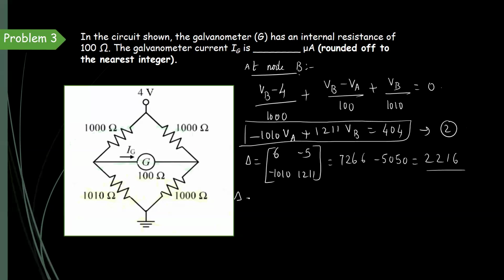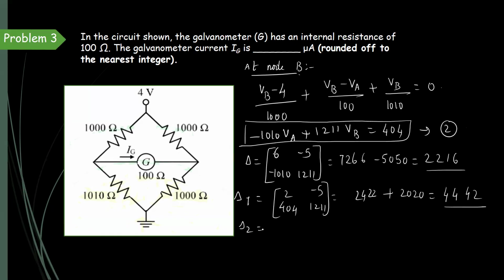Then delta 1, by replacing the first column with 2 and 404, minus 5 and 1211, equals 2 into 1211, 2422, plus 2020, which equals 4442.